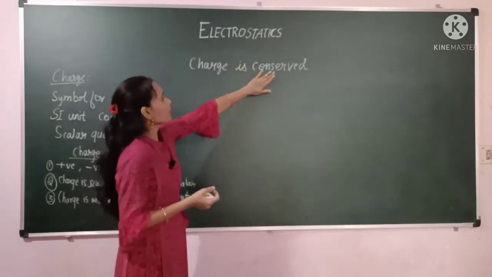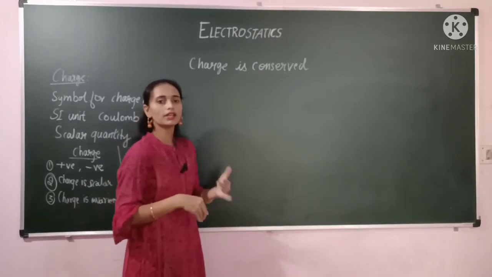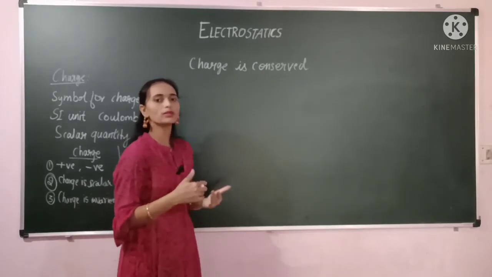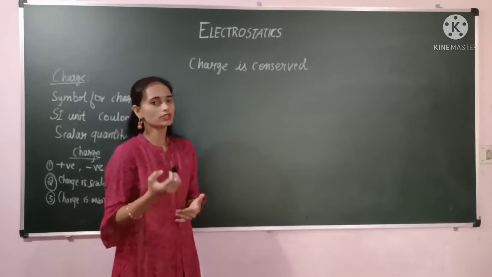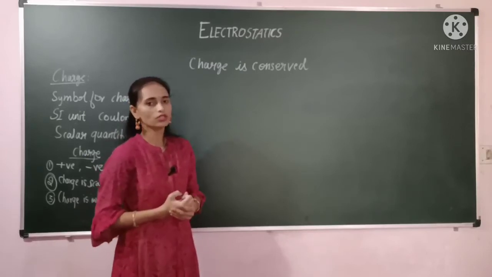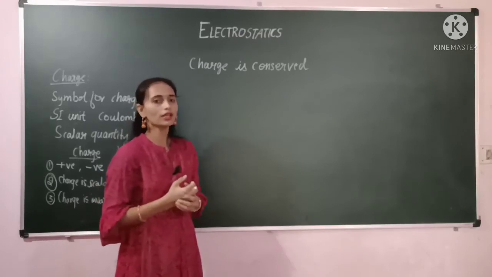But charge is a conserved quantity. Charge can neither be created nor destroyed, but can only be transferred. In an isolated system, the total number of charges always remains constant. Suppose some body has a charge of 10 coulomb.